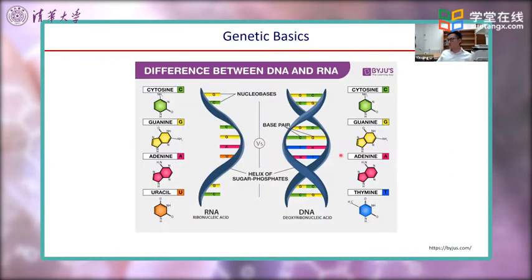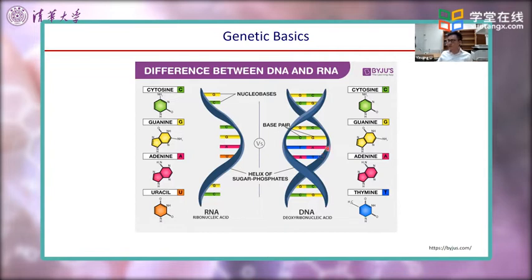So before we talk about detection, we need to refresh on the knowledge of genetics. The genetic materials can take two forms, RNA or DNA. The difference is that DNA lacks an oxygen atom on its backbone compared to RNA. But this makes DNA much more stable than an RNA molecule.